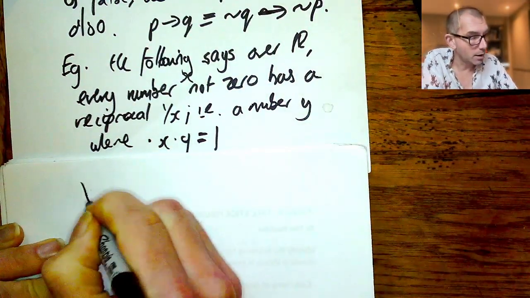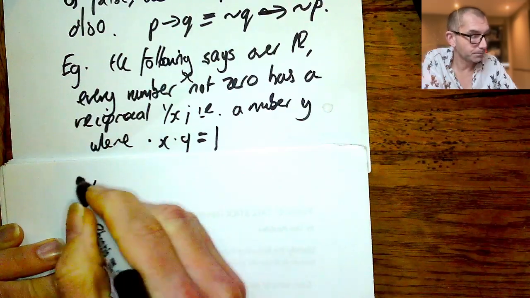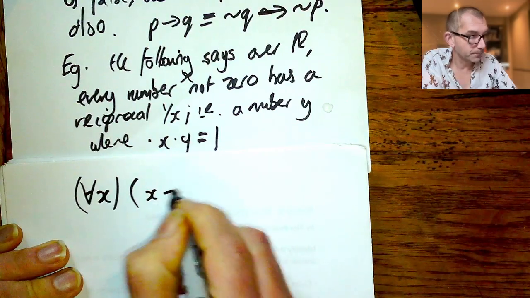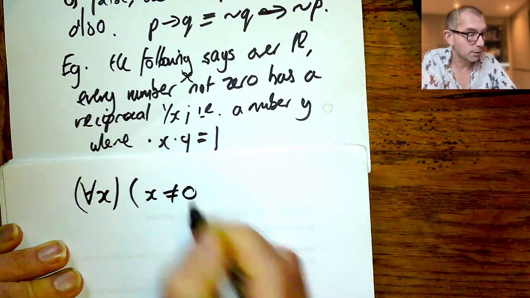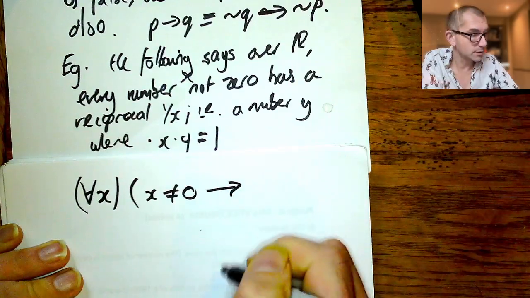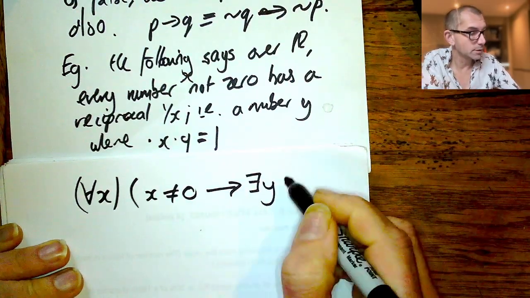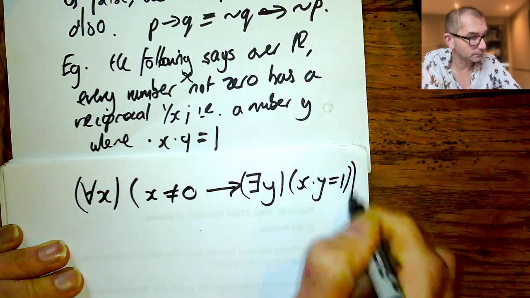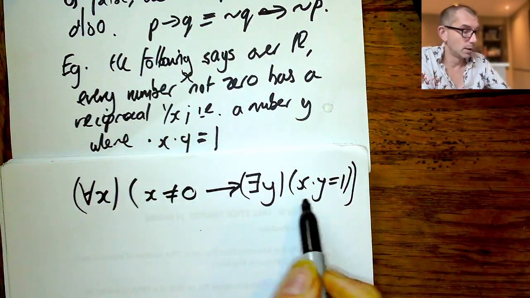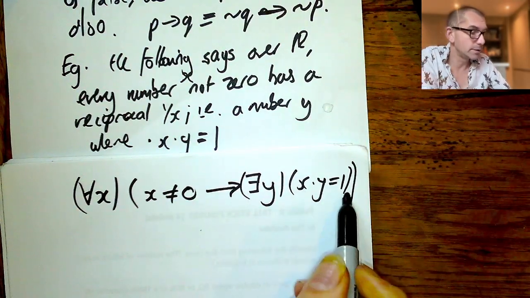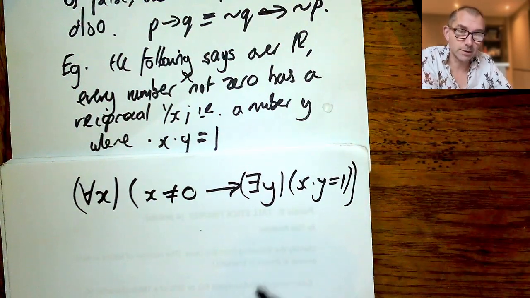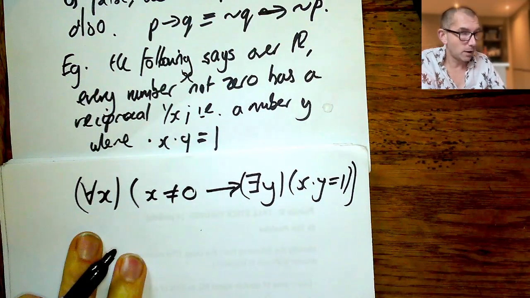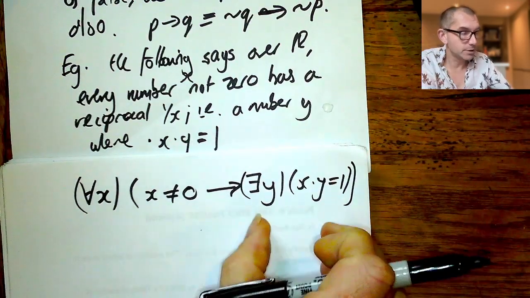I say for all x, and I'm over the reals, so as long as x is not equal to 0, that implies that there exists y such that x times y equals 1. Now, as long as x is not 0, then I can divide by it, and I can work out what y is. So this is a predicate of the right form, it's an implication.